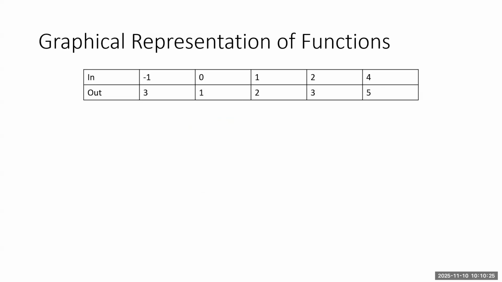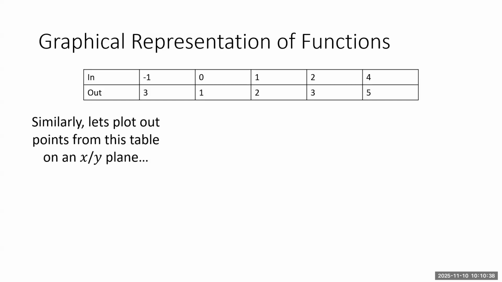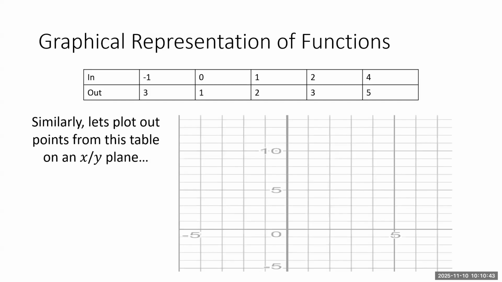Now I have a table. In my in row, I have -1, 0, 1, 2, 4. In my out row, I have 3, 1, 2, 3, 5. Similarly, let's plot out the points from this table onto the XY plane.